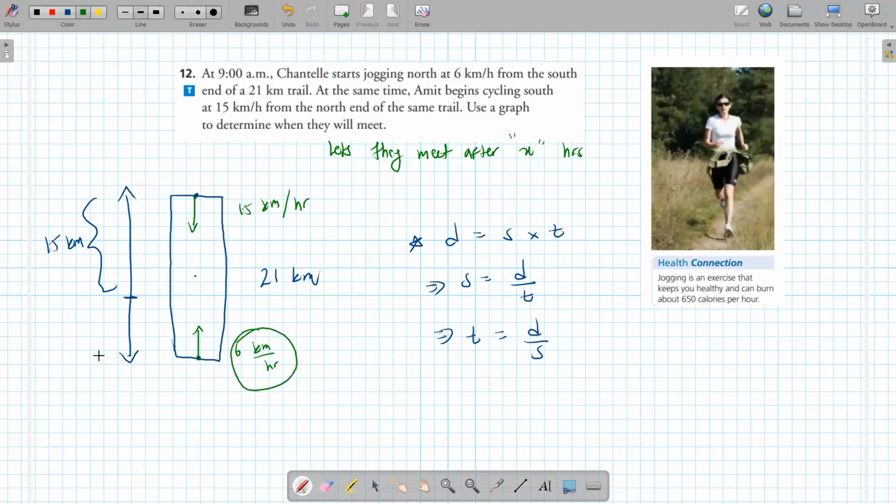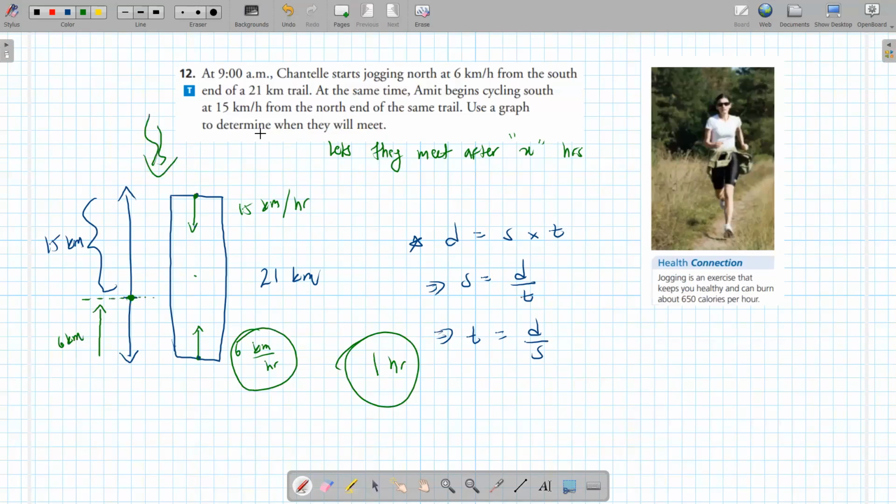After 1 hour, she's going to travel 6 kilometers up, to this point. Similarly, the other person is going to travel 15 kilometers south, and that's where they're going to meet. Make sense? So after 1 hour, they're going to meet right there, where this distance is 6 and that distance is 15. I guess that's the easiest way to go about it.